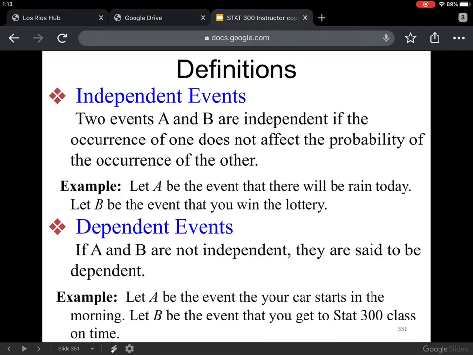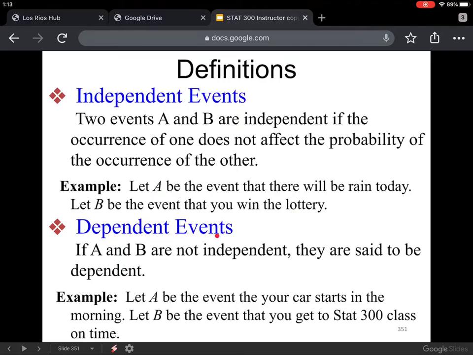Now, independent events: A and B are independent if the occurrence of one does not affect the probability of the occurrence of the other. Really quick example: let A be the event that there will be rain today, and let B be the event that you win the lottery. The probability of rain and the probability of you winning the lottery are not dependent on each other. One doesn't influence the other.